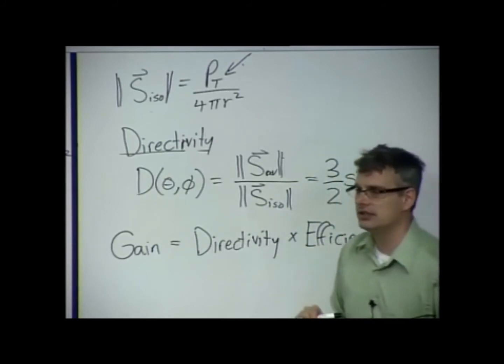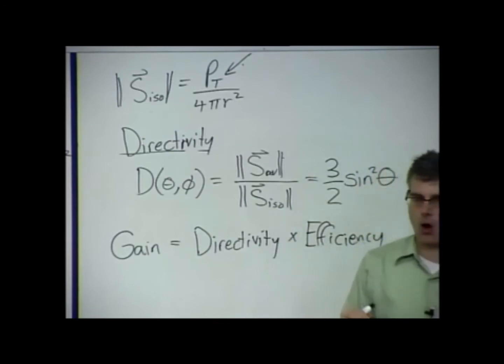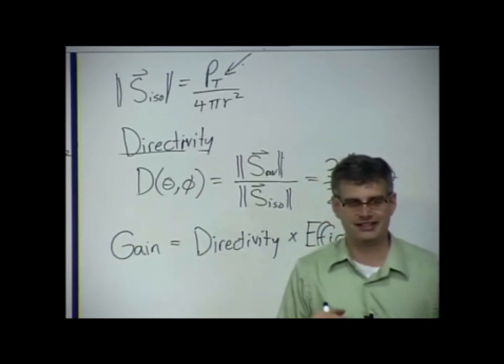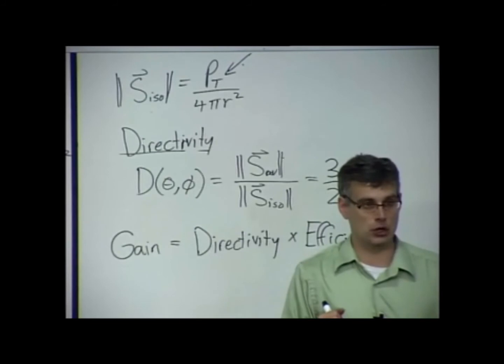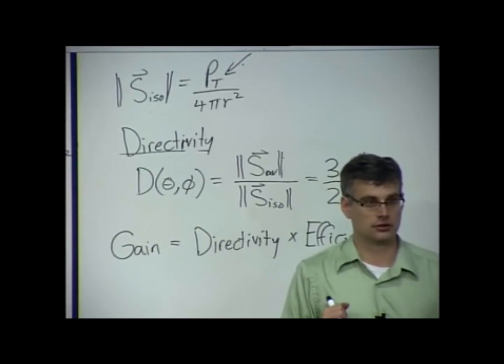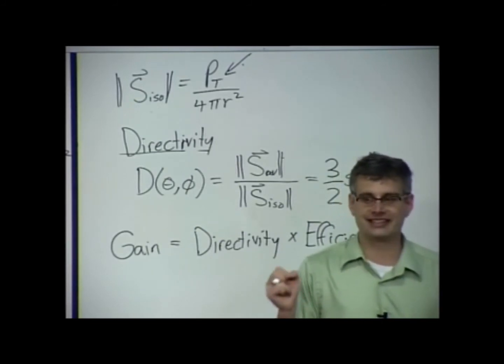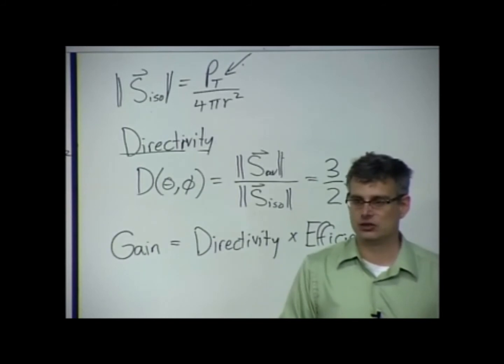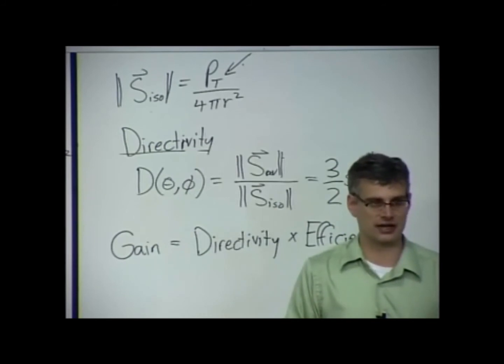Efficiency tells you how much of your power that you sent into the antenna is actually making it into radiated modes. So the gain is always less than the directivity. If it's a good antenna, it's not much less, but it's always going to be less than the directivity.